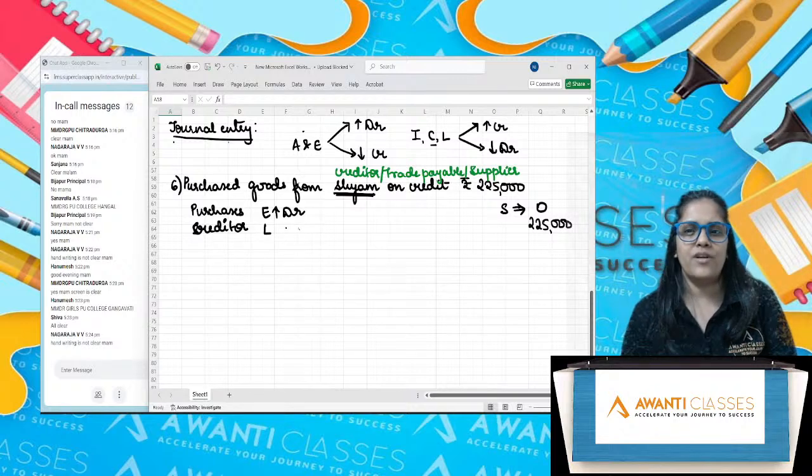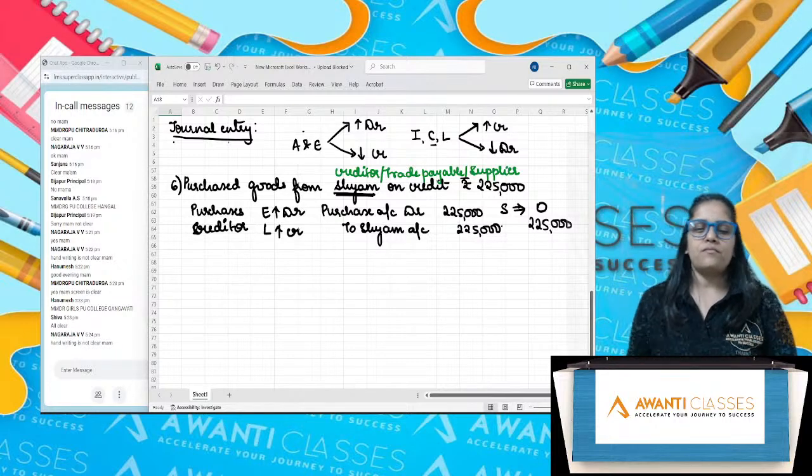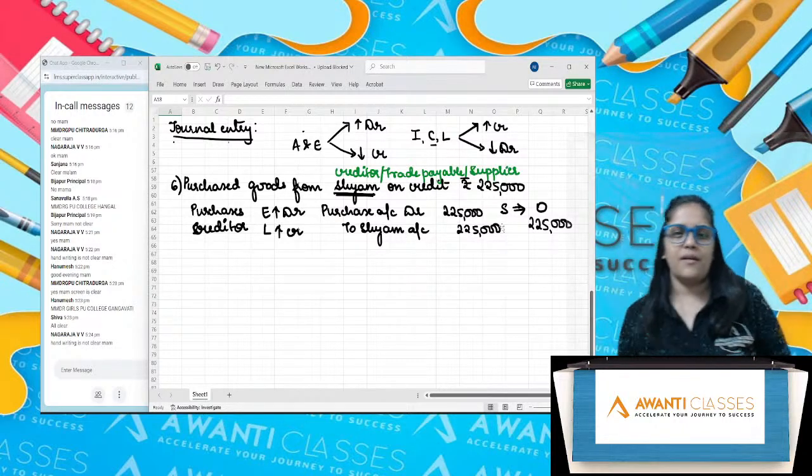So his liability will increase, and liability increase we should credit. So the journal entry will be purchase account debit to Shyam account 2,25,000. Am I clear?